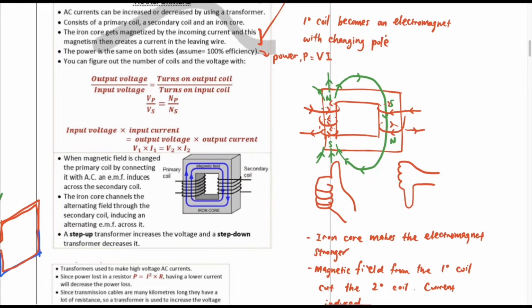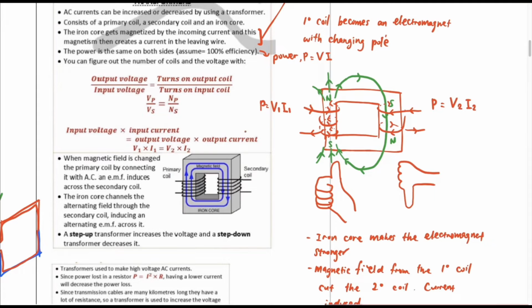So when they say same power, that means the power on the left, which is primary voltage times primary current, or you can call it input voltage times input current, as you can see here, is the same as the power on the right, which is secondary voltage times secondary current.